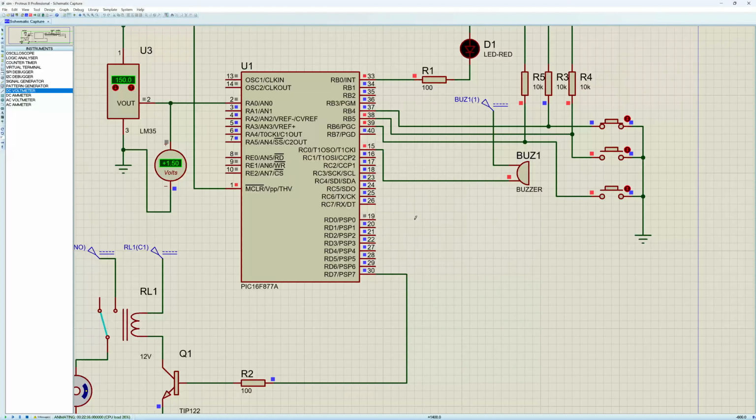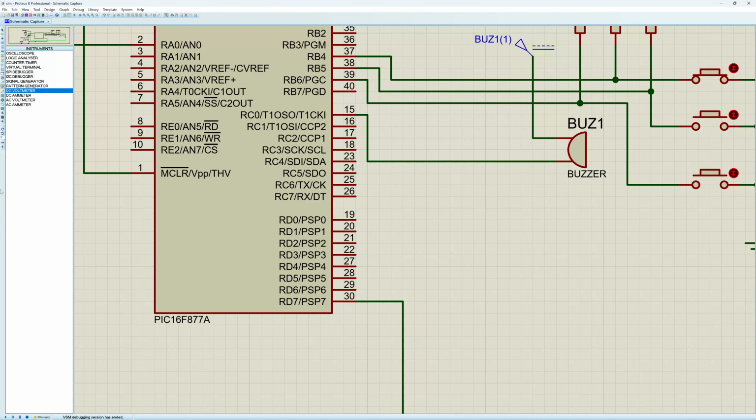So I will update this circuit for this purpose. I am going to add a serial monitor here.